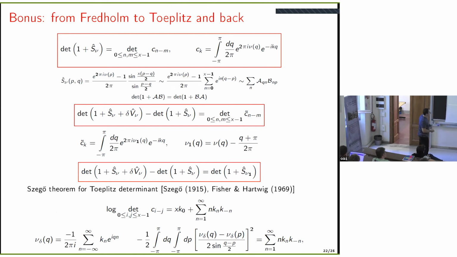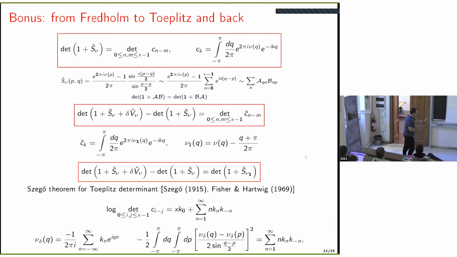But it turns out that not even asymptotically, but for any nu, we have this nice relation. Here nu is whatever it is, and nu1 is just a shift by 1. I never saw this formula, so we think it's nice.